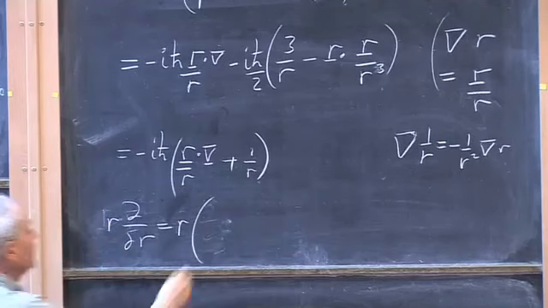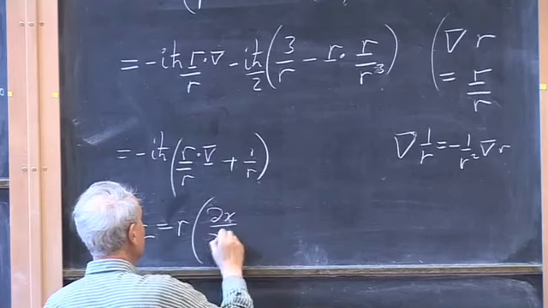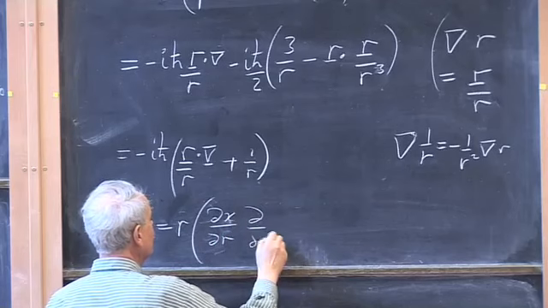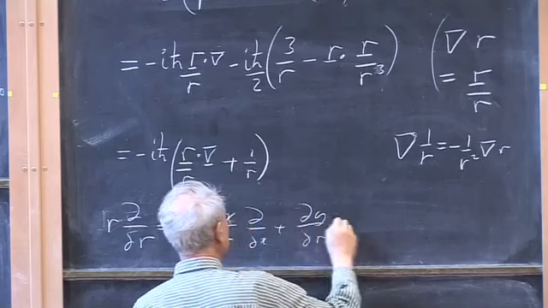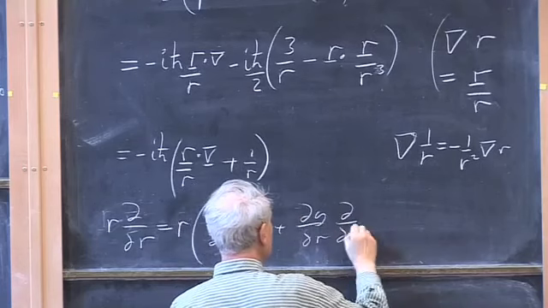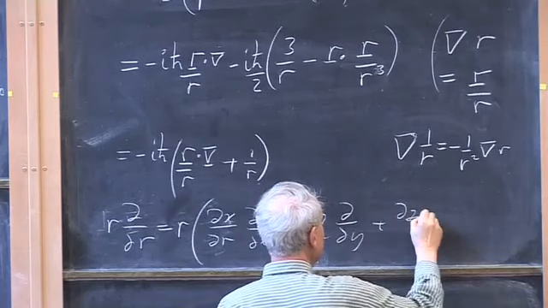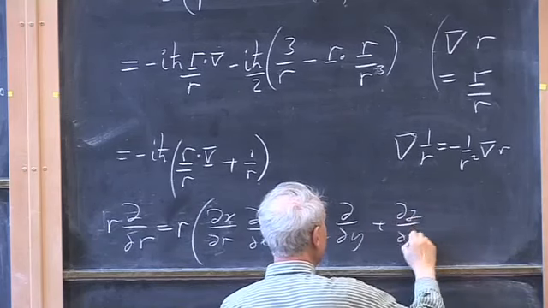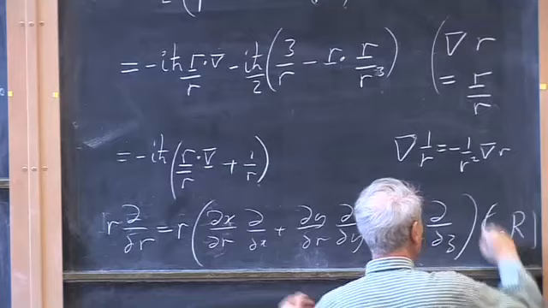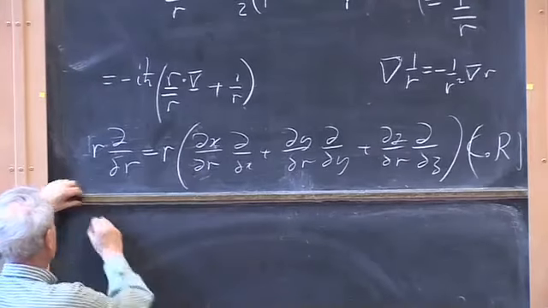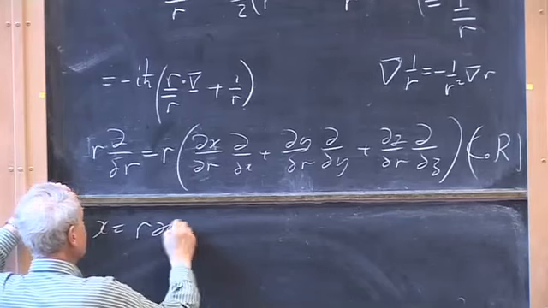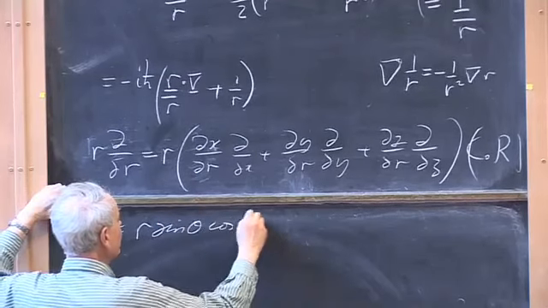R d by dr, then we're going to have, by the chain rule, dx by dr, d by dx, plus dy by dr, d by dy, plus dz by dr, d by dz. That's just the chain rule. But what is dx by dr? You know, x is equal to r sine theta cos phi.